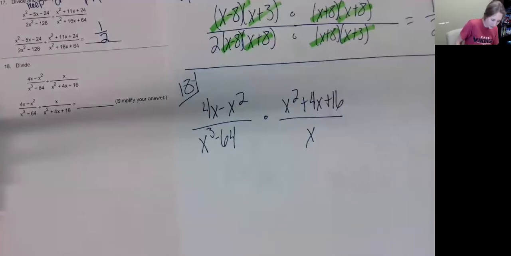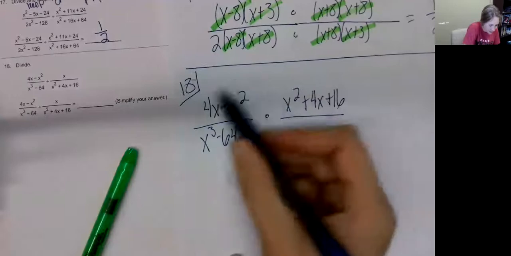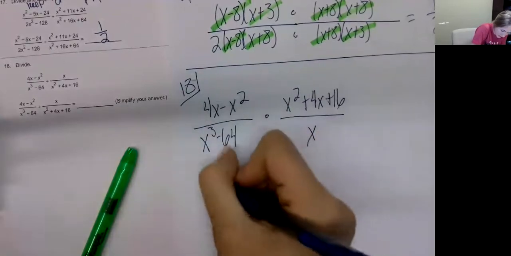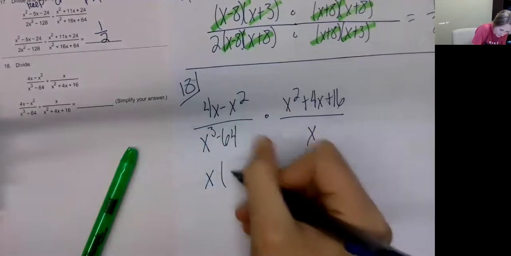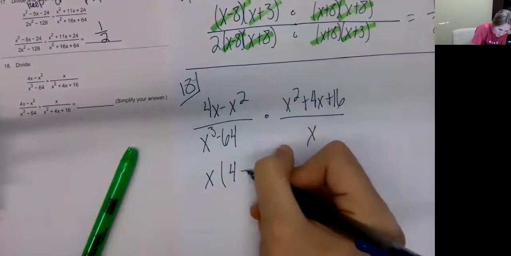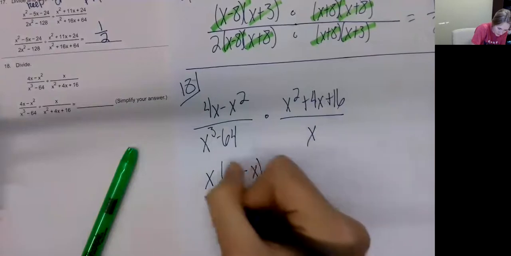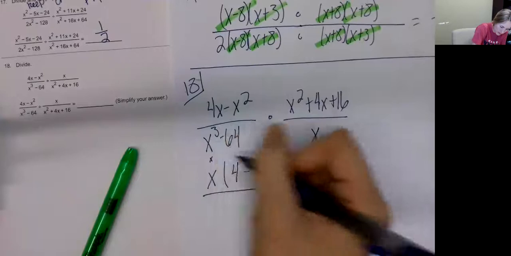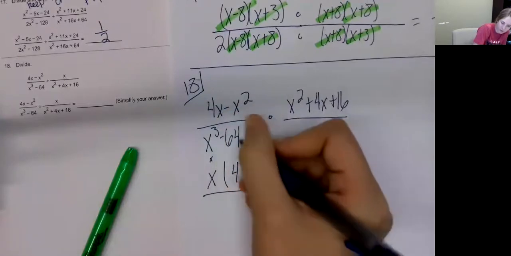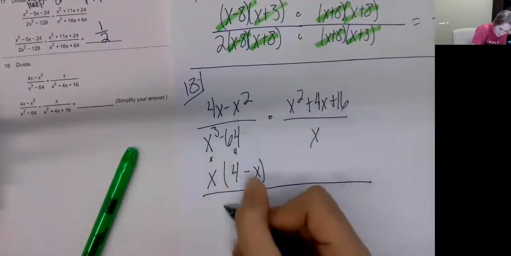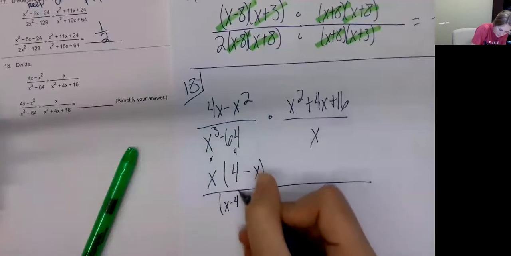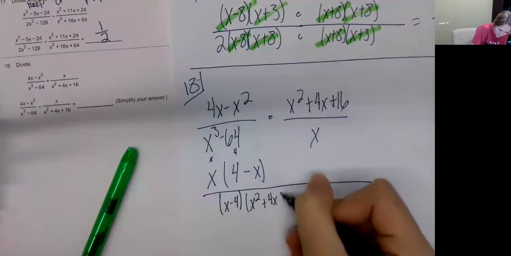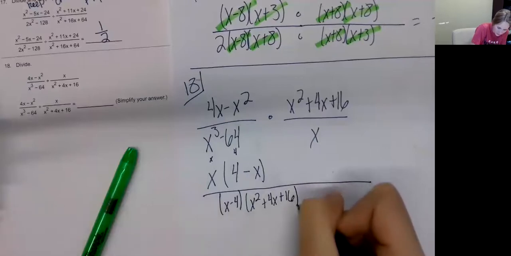Okay, so out of this one here, all we can factor out would be an x. So we'd be left with 4 subtract x. Here it's going to be x, and then the cube root of 64 is 4. So I have x subtract 4 times x squared plus 4x plus 16.